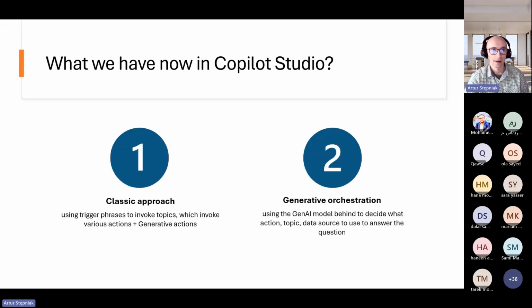All right. So what we have now. We have the classic approach, which, as I've said, is the foundation built on the Power Virtual Agents technology, which is in fact something that you can build based on NLP modules. What is NLP?